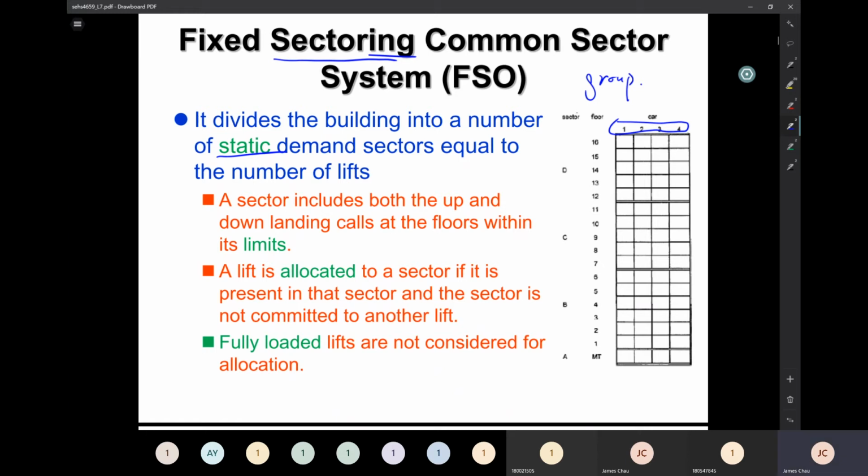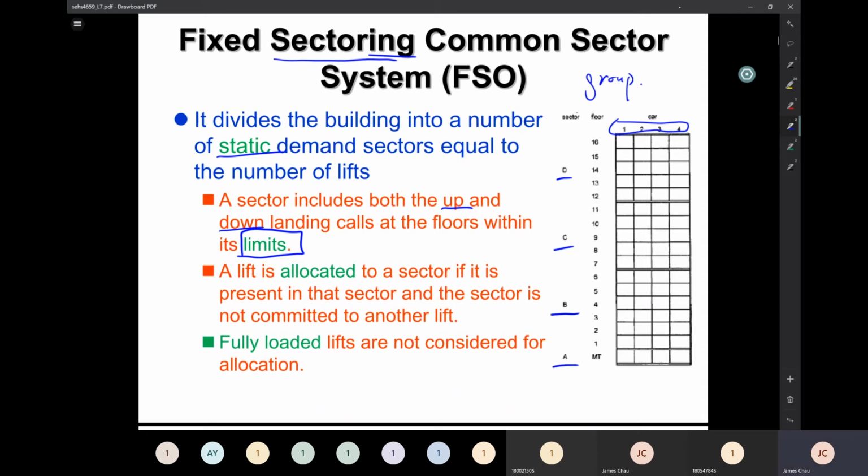Now here we describe that a zone includes both up and down landing calls, so that for some of the lift service, passengers are required to go up, but some of them are required to go down. So by applying the zone, it means that we have some limits to the floors. For example, in the picture, you can see that we identify 4 zones, A, B, C, D. And the boundary can be shown in the double line in the building.